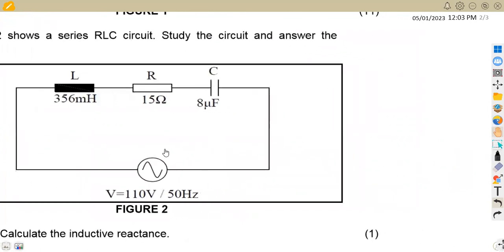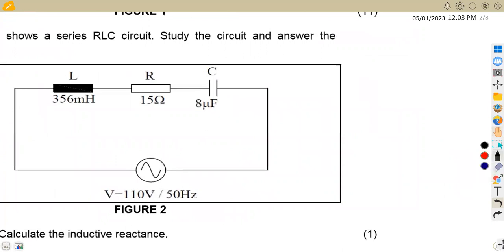Okay, so we know that our inductive reactance can be calculated from the inductance L that we are given in this case. All right, so this is 2.2.1, where we know that XL is equivalent to 2 pi FL given from your formula sheet. So you can substitute your values.